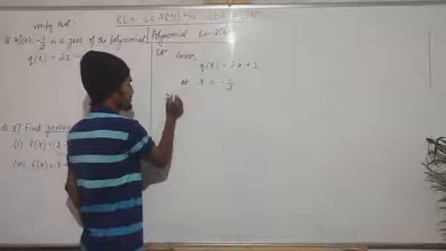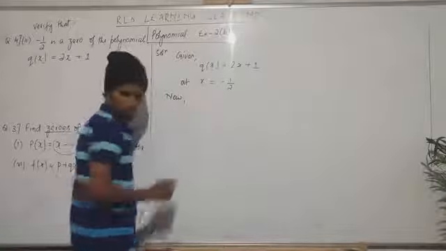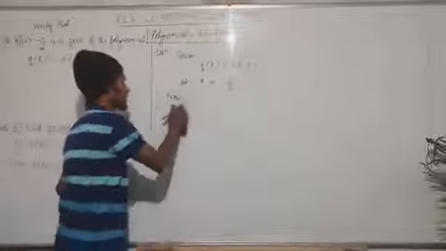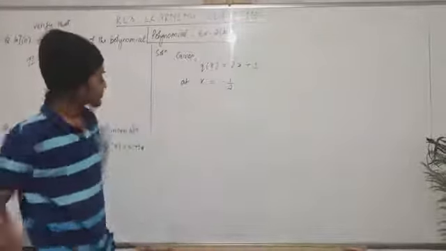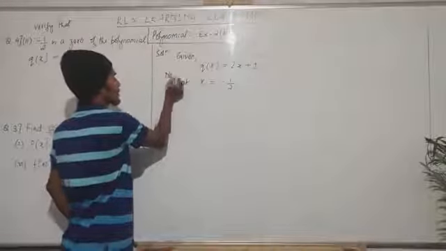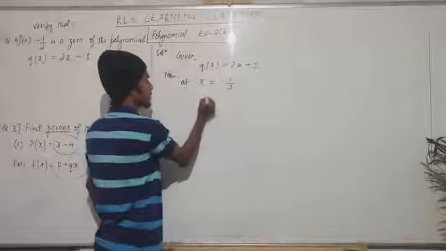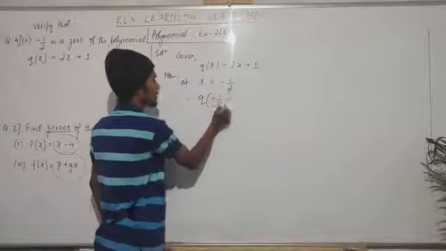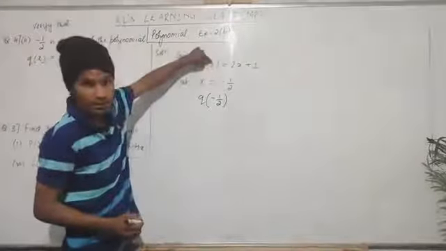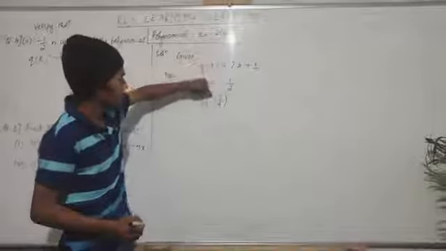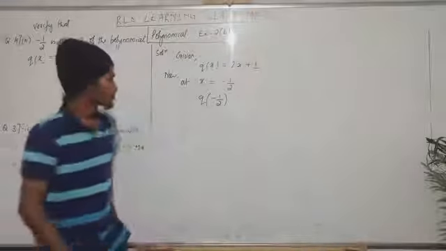Now, I'll do like this. Now at x is equal to minus 1 by 2, I put like this: q of minus 1 by 2. In place of this x, we have to put minus 1 by 2.